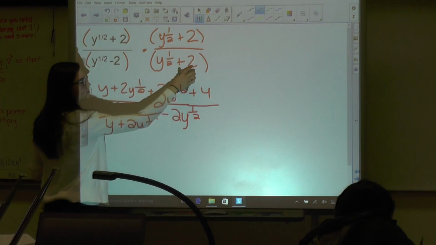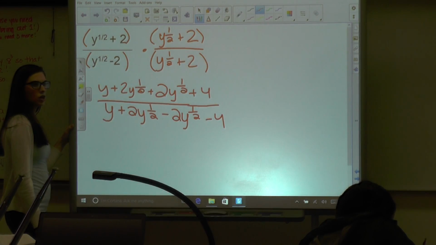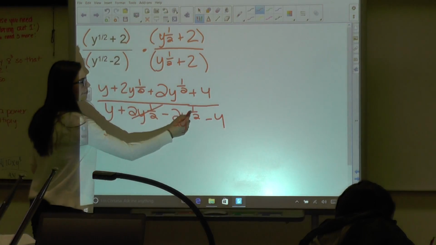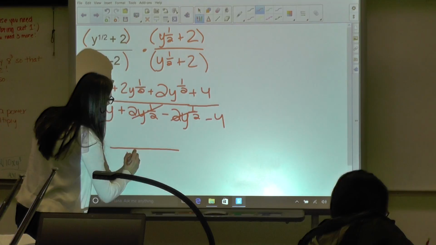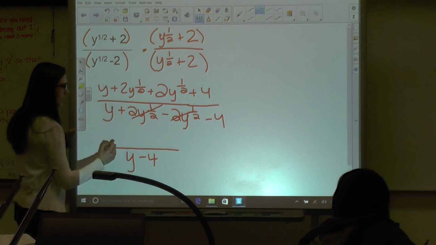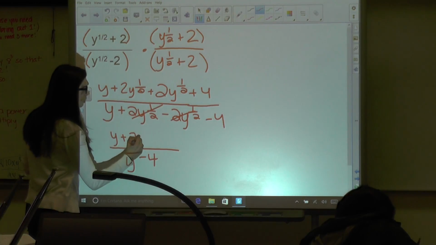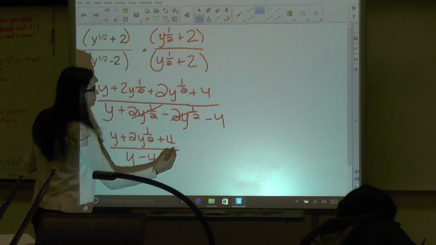And negative 2 times 2 is minus 4. On the bottom, these cancel out, leaving you with y minus 4. And on the top, you have y plus 2y to the power 1/2 plus 4.